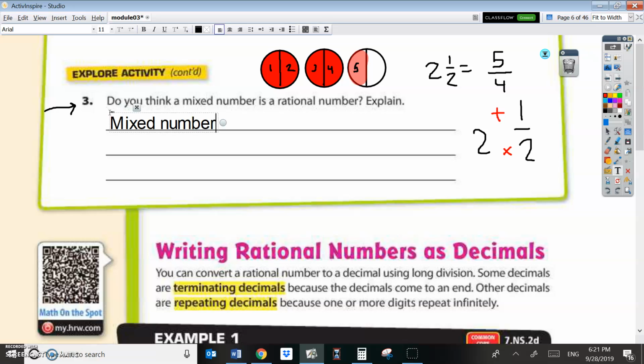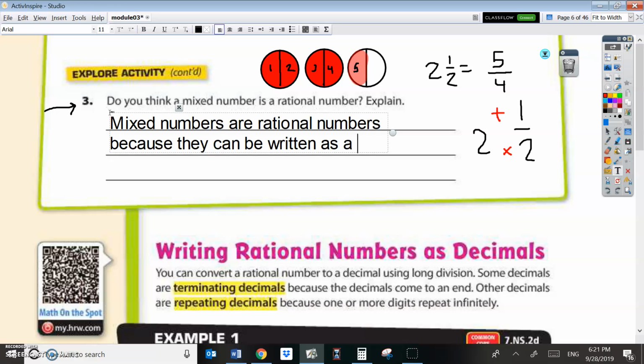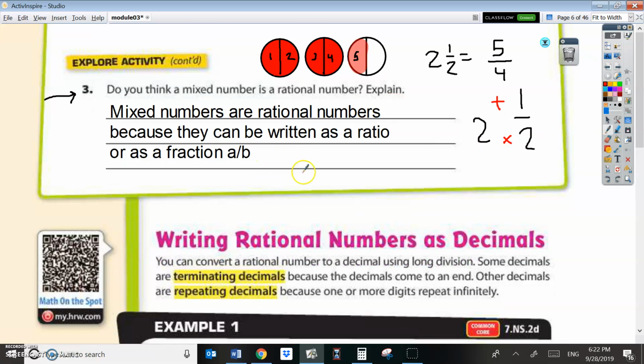Mixed numbers are rational numbers because they can be written as a ratio, or as a fraction a over b.